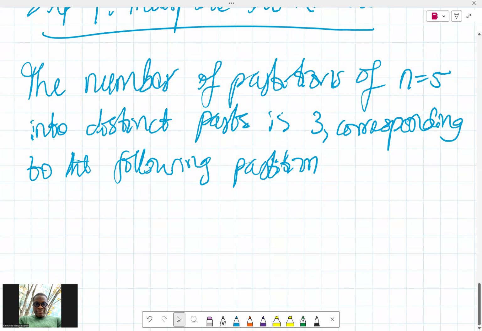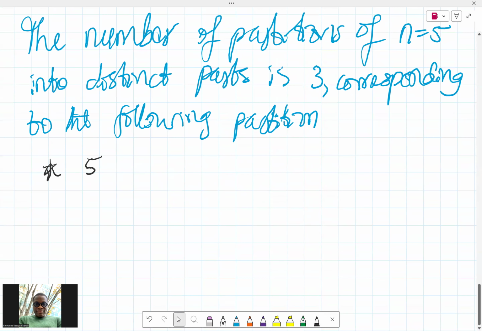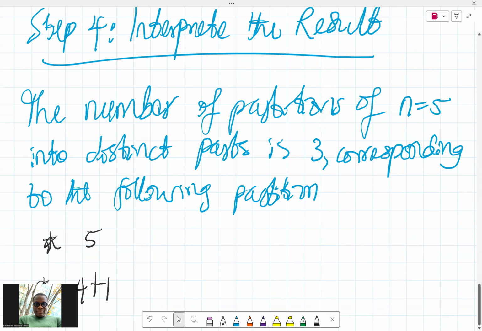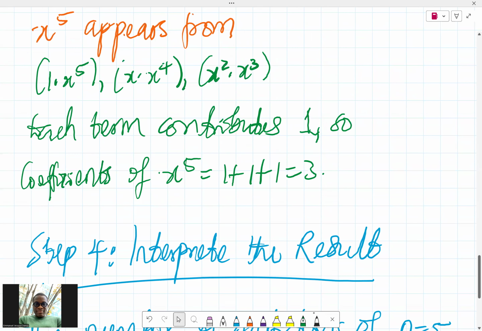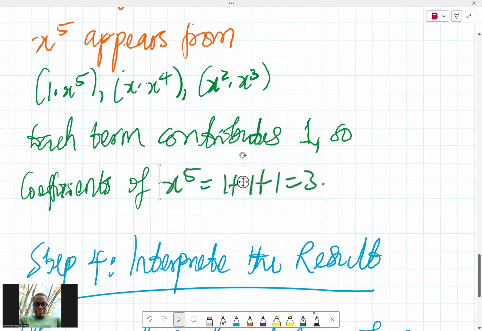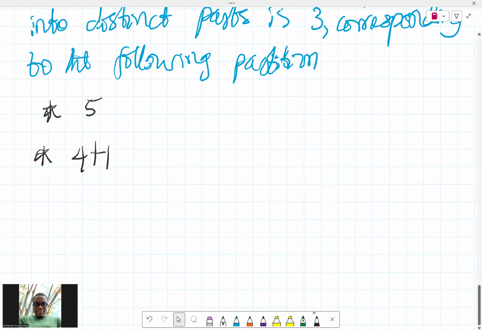The first one is where you have 5 directly. The second one is where you have 4 plus 1, based on what we have up here. So you have power 5, then you have 4 plus 1, talking about the powers. And then the last one is where you have 3 plus 2.